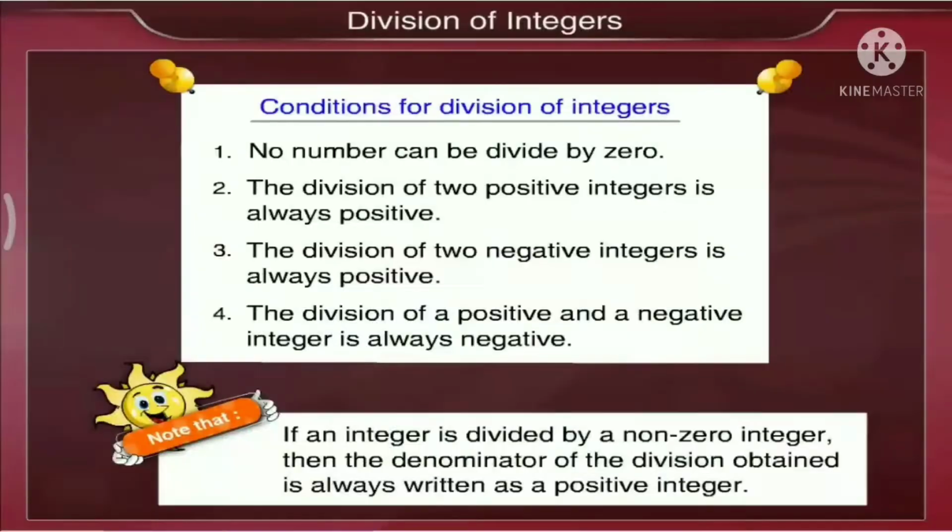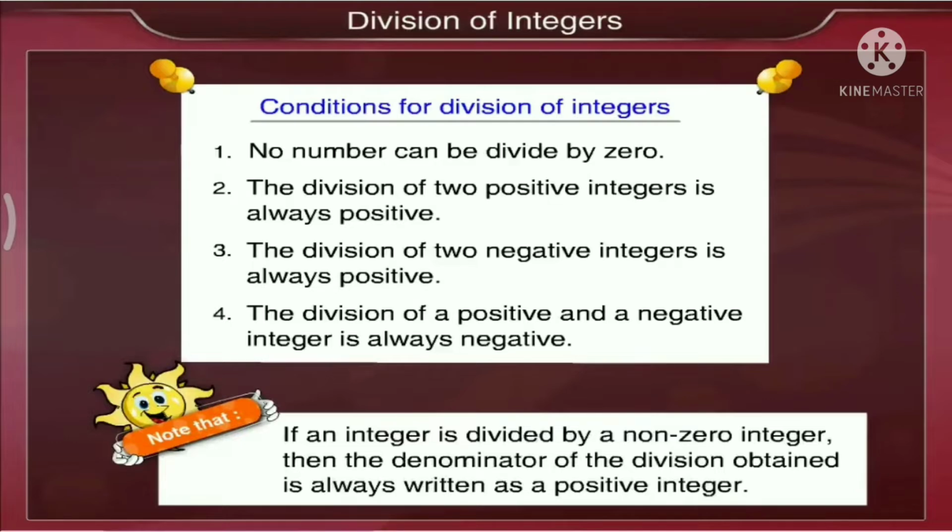Clear? Now we have to follow certain rules, certain conditions for division of integers. First one is no number can be divided by 0. It means that we cannot divide any number by 0. Clear? Second point is the division of two positive integers is always positive.